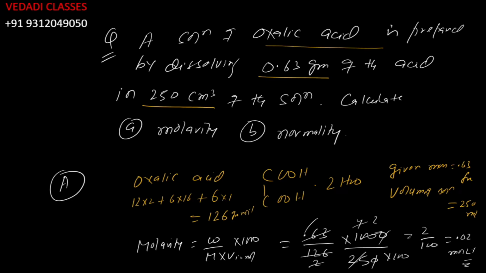Now the second part, you have to solve normality. For the normality you have to find out equivalent mass or equivalent weight. So let's find out the equivalent mass of oxalic acid.